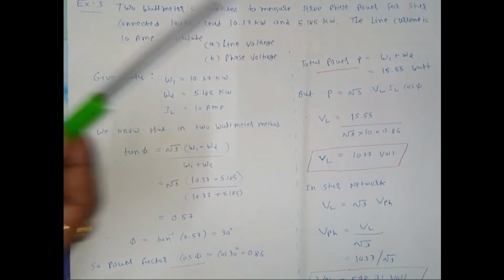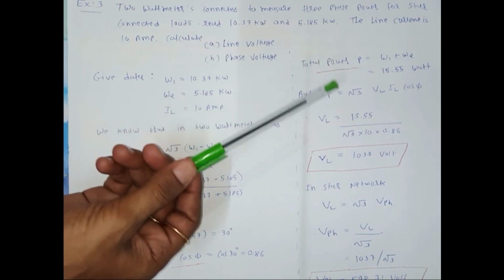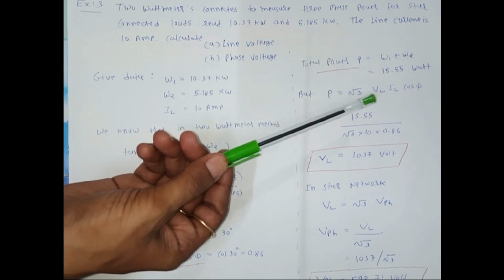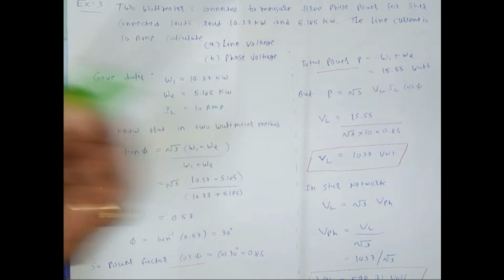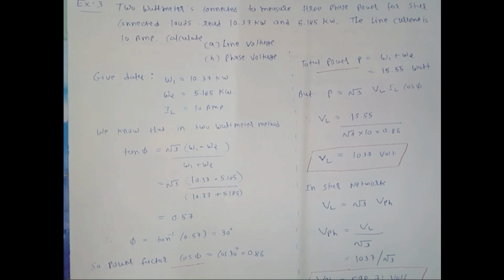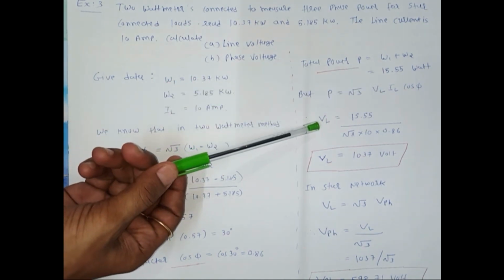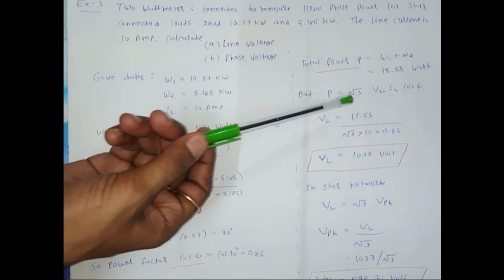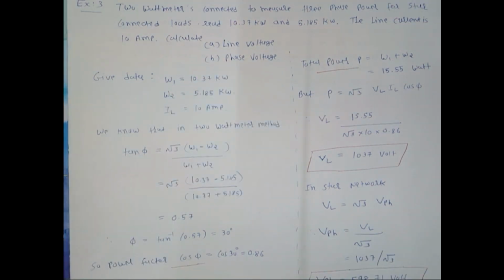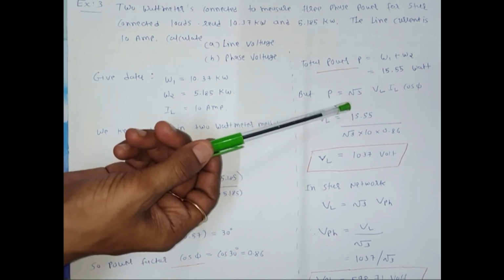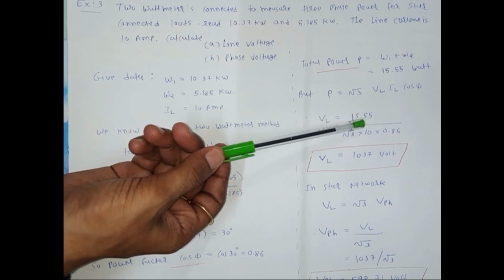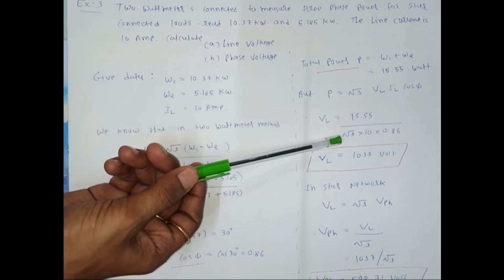But this total power is also given by P equals root 3 VL IL cos phi. So making VL the subject, VL equals P upon root 3 IL cos phi. All the parameters are given. P is equal to 15.55, upon root 3 IL.